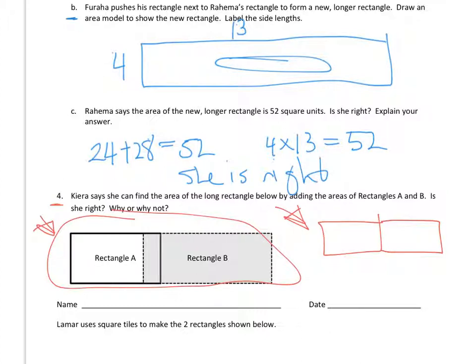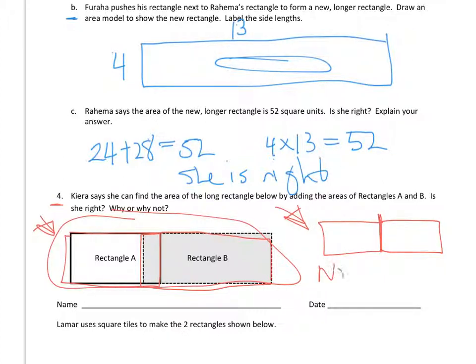There are 2 rectangles. They are pushed together. However, in this one, rectangle B goes over rectangle A. So I would say that she cannot find the area of rectangles A and B in this way because one goes over the other. Whereas here, they're pushed together in a half.